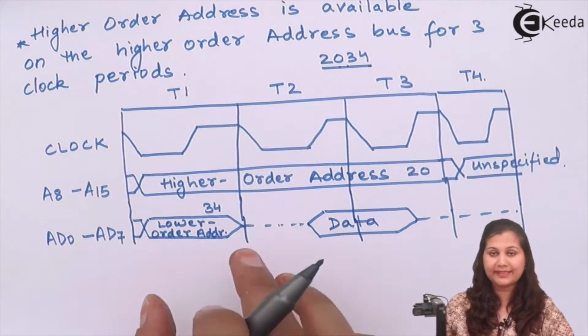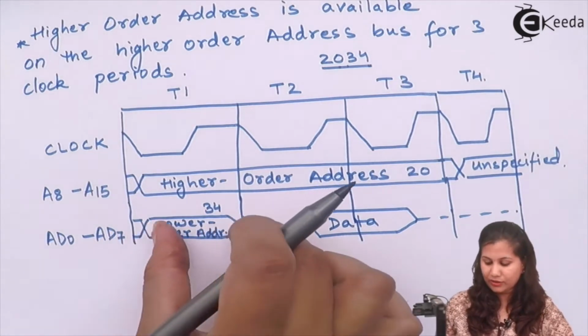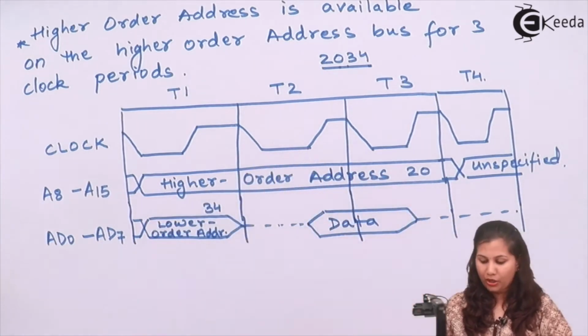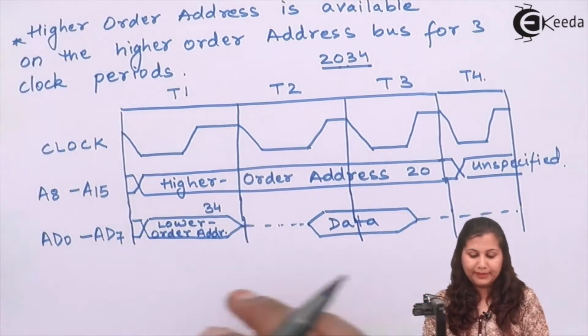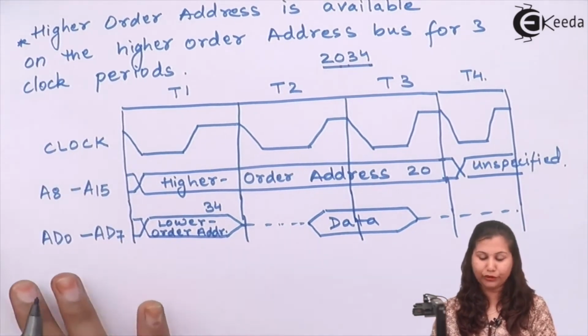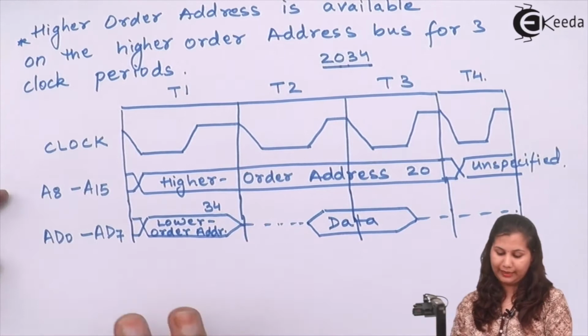And also there is a need so that this address is available after 1 clock period also. So there is a mechanism in 8085 for the demultiplexing of the lower order address and the data bus. Let's see the circuitry for it.